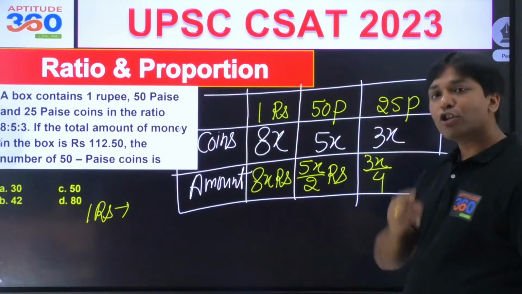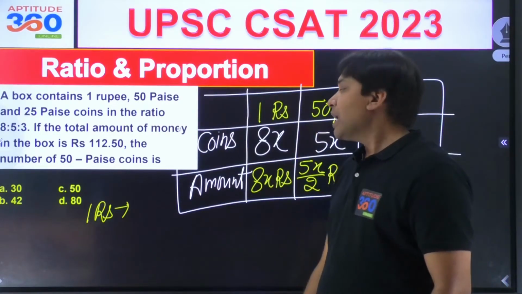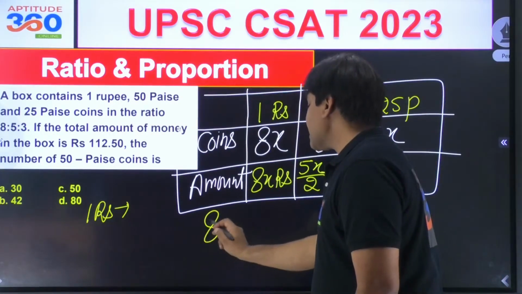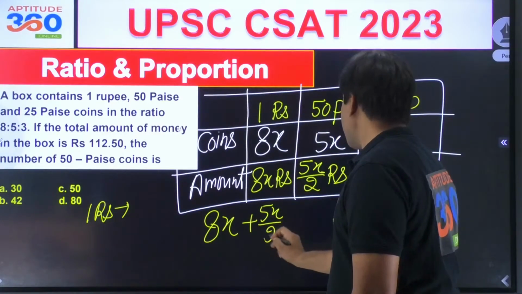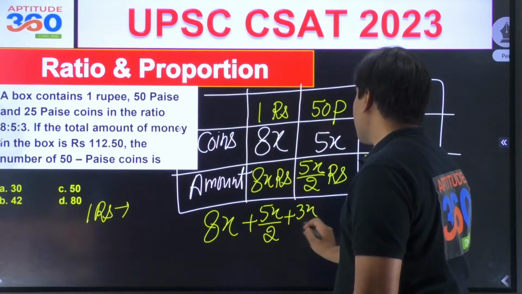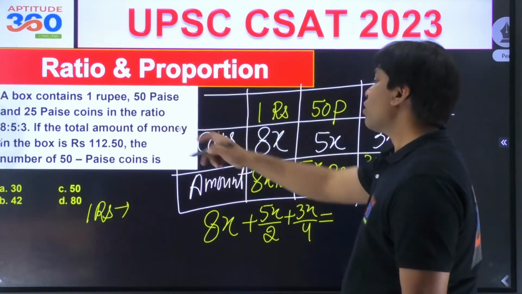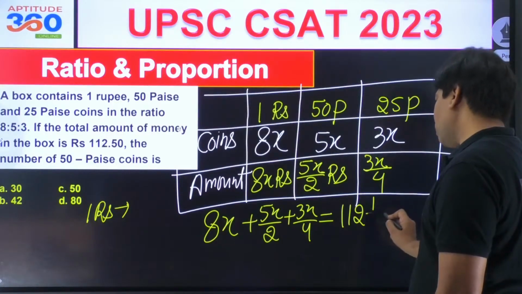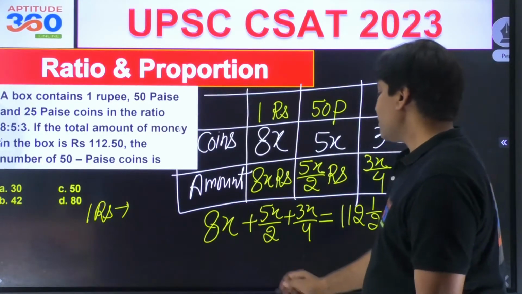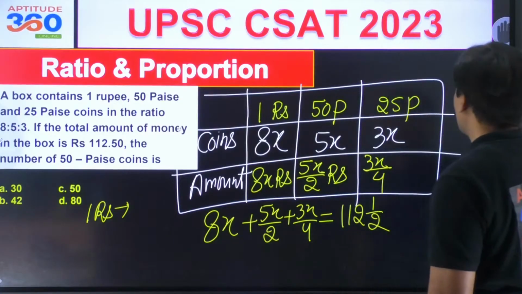Why did I divide by 2, why did I divide by 4 is what you need to understand. Now the problem tells you that this is 8x plus 5x/2 plus 3x/4. This value is given to you as 112.50, which means 112 and a half. Simplify this value. What is the answer?